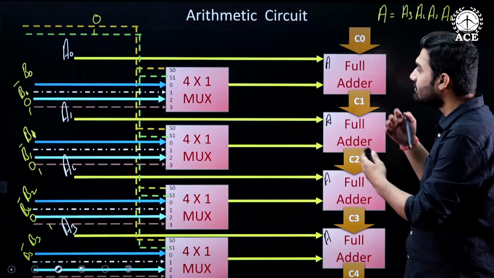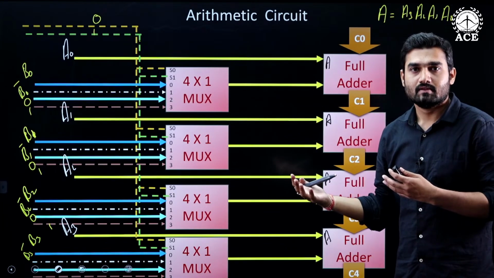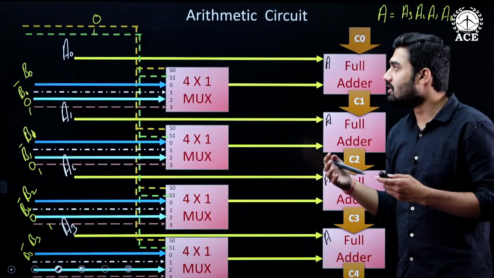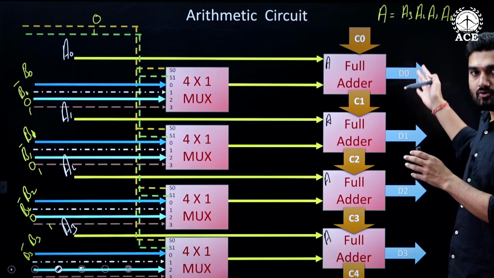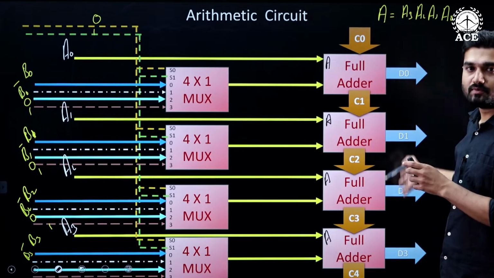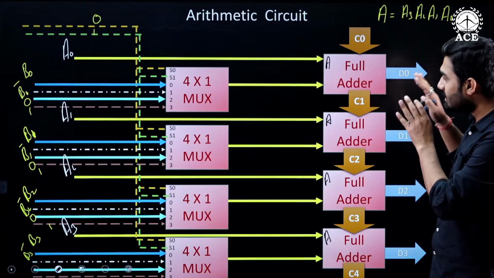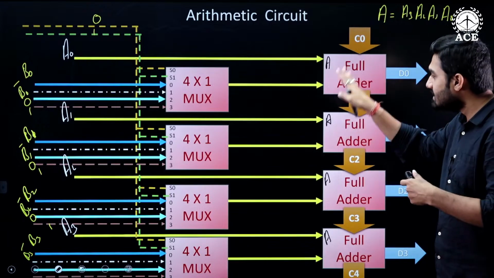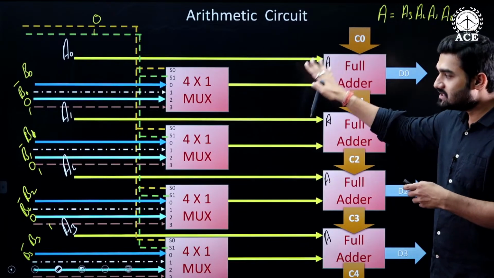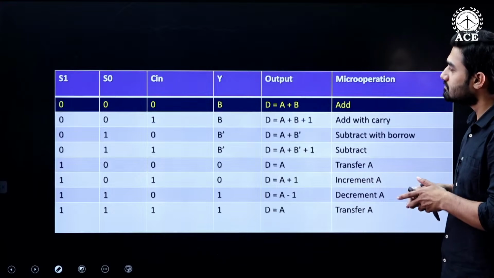Now I need to perform some arithmetic operation. How can I perform some arithmetic operation? For that, first of all, can you see my output? From every full adder, my output is coming like that. Now let me tell you some operations. Then I'll execute those operations in this circuit. First, let me show you those operations.